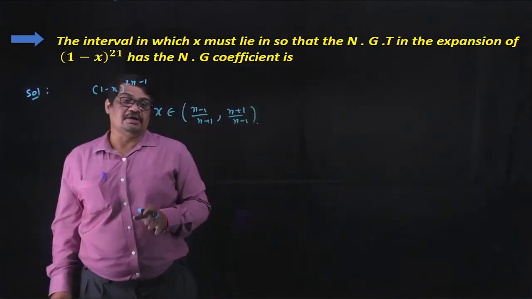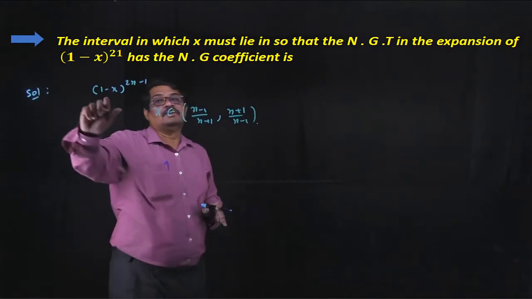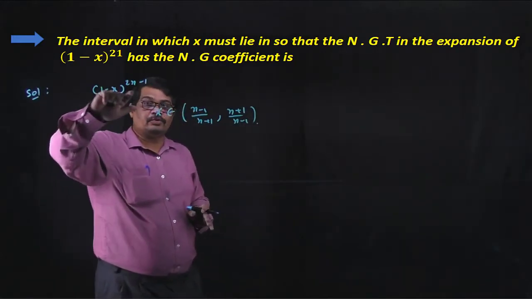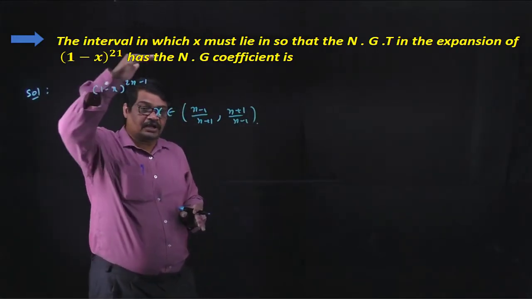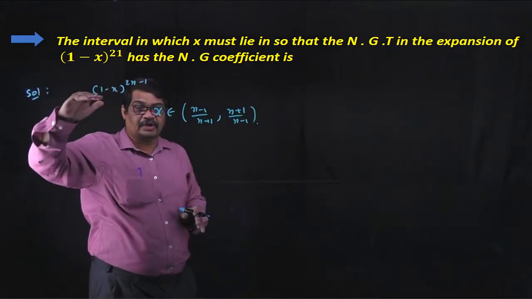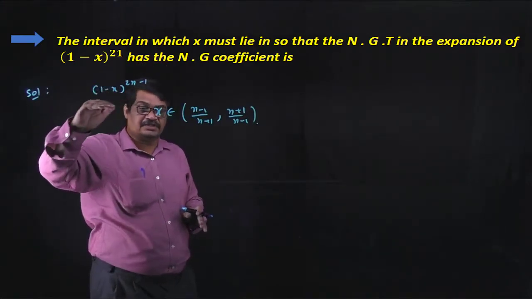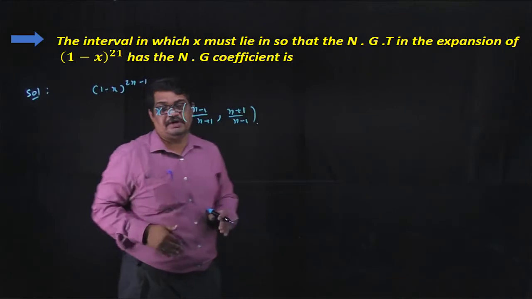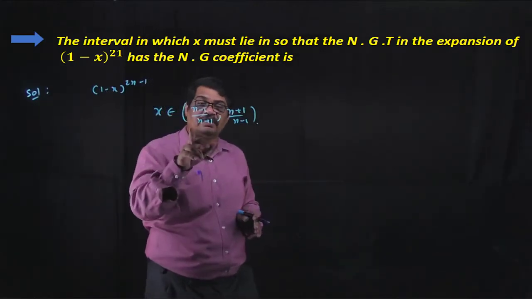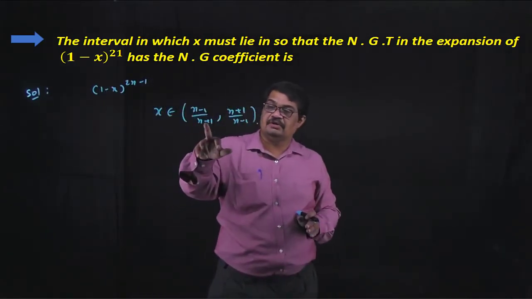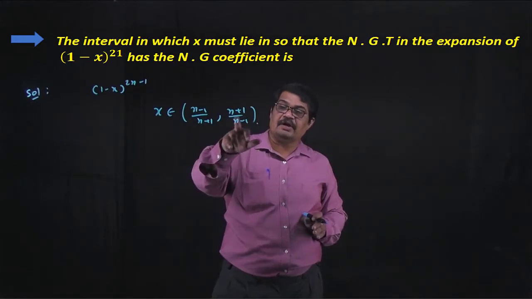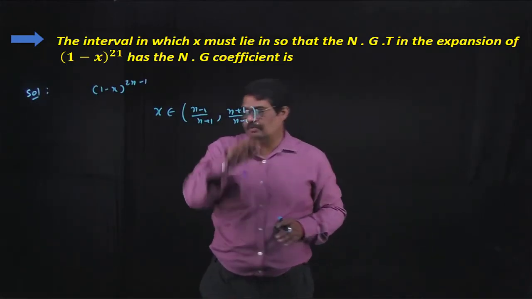So this is the interval in the case of the expansion of (1 - x)^(2n-1). The numerically greatest term in the expansion has the numerically greatest coefficient, then x lies in the open interval ((n-1)/(n+1), (n+1)/(n-1)).